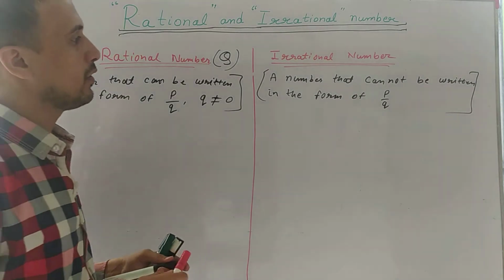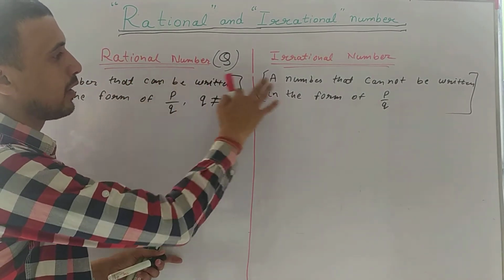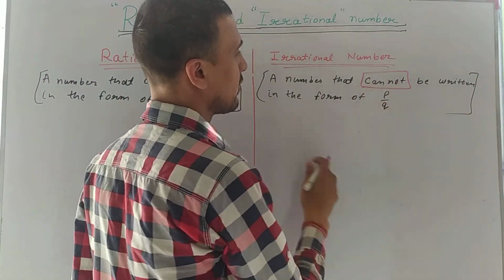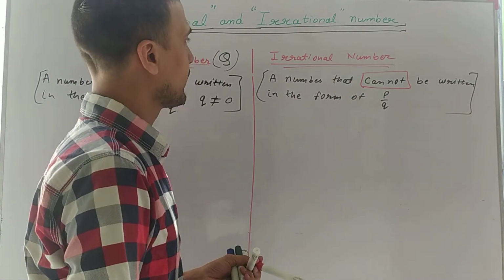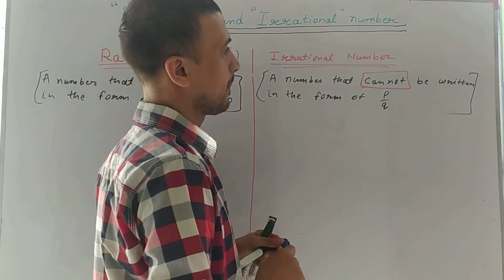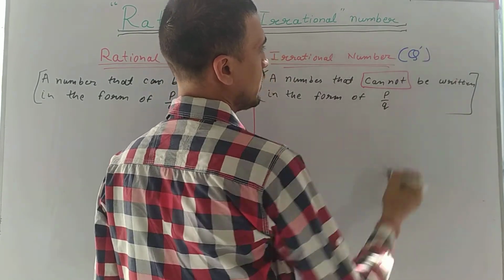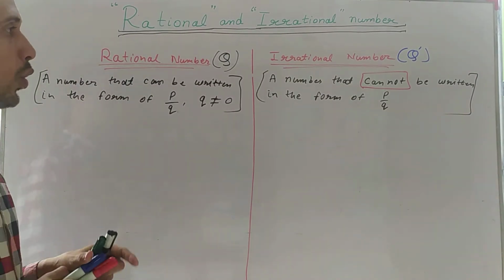So now you can see here, a number that can be written in the form of p by q is called a rational number. A number that cannot be written in the form of p by q is called an irrational number. Generally we denote the irrational number by Q dash.